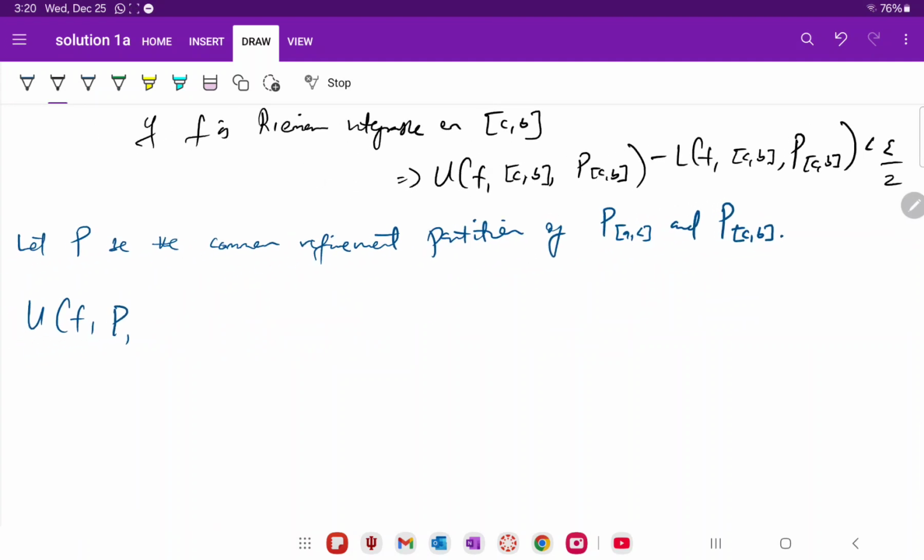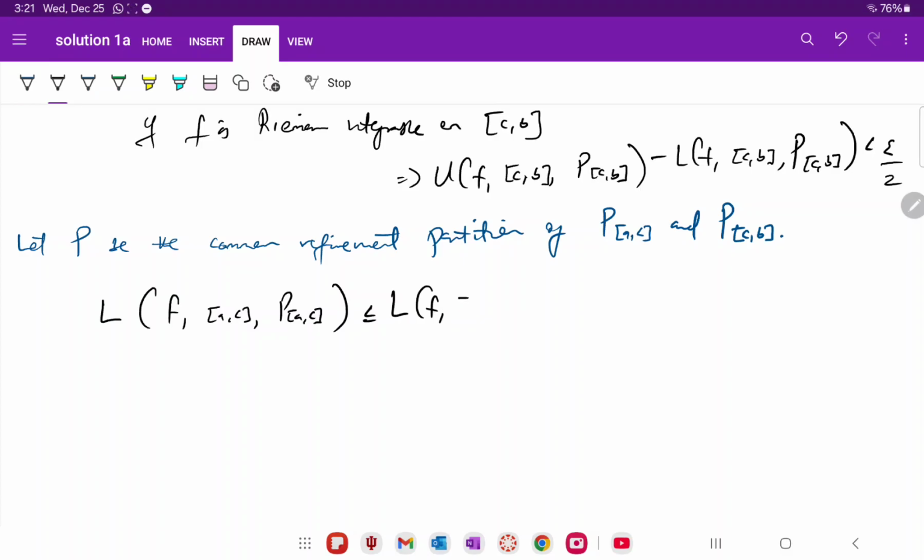But since P is a common refinement, the lower sum on [A, C] will be less than the lower sum on [A, B], which is less than the upper sum, and this will be less than the upper Riemann sum on [A, C].